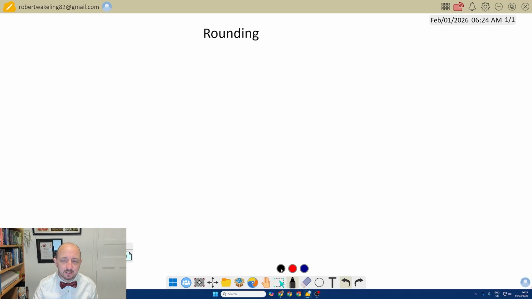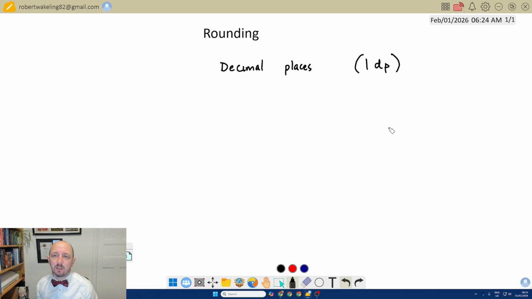So let's start with decimal places, which is often abbreviated to DP. So 1 decimal place would look something like that. And all that means is if I have a number like 3.24, we want to cut this number after the first decimal place.